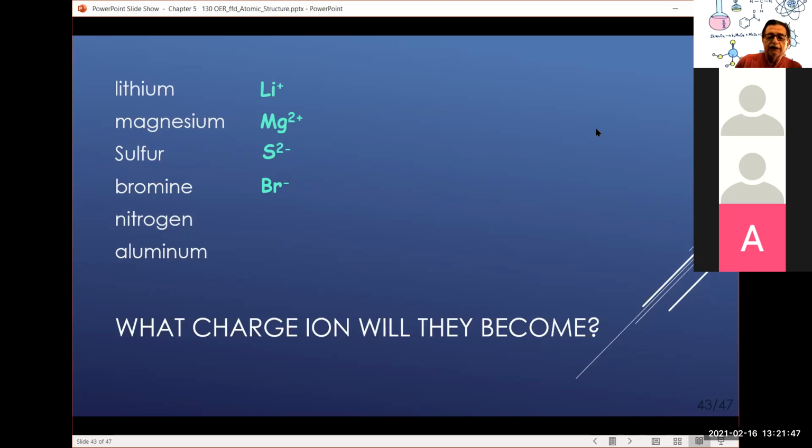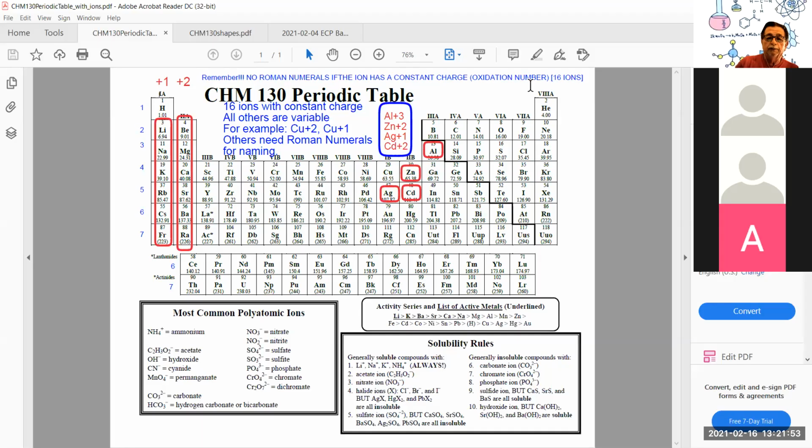All right, nitrogen. Same scenario. Let me highlight it. Here's nitrogen, element number 7. It is to the right of the stair step, which tells you it is a nonmetal, which tells you that it will gain electrons. We find the group that it's in, and it is in group 5A.